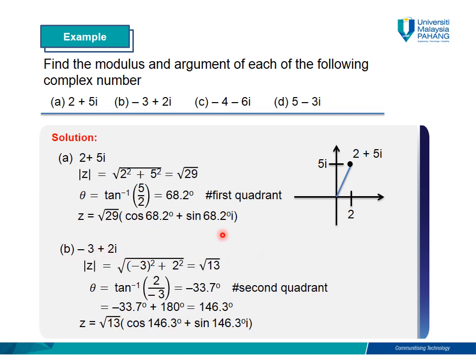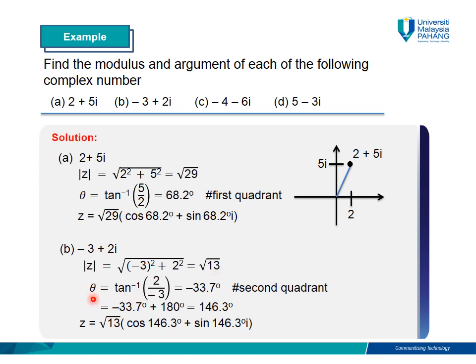Is this one in the first, second, third or fourth? Negative 3 and positive 2, so it is in the second quadrant. We find the modulus z first. We get square root of 13.